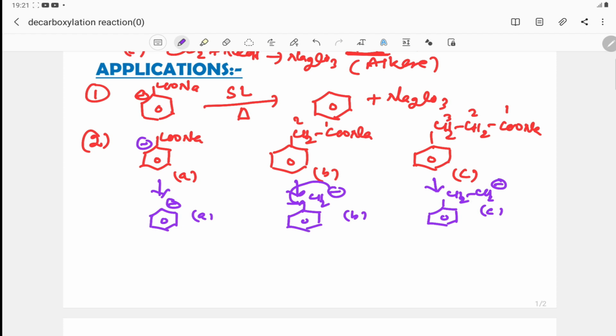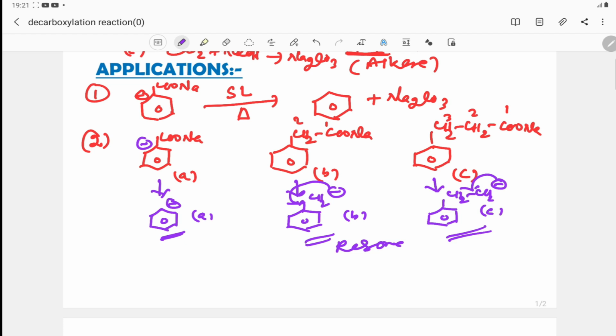Delocalization is slow in case of C, but in case of B delocalization is faster due to resonance. In A delocalization does not take place, and the phenyl having minus charge is most unstable.